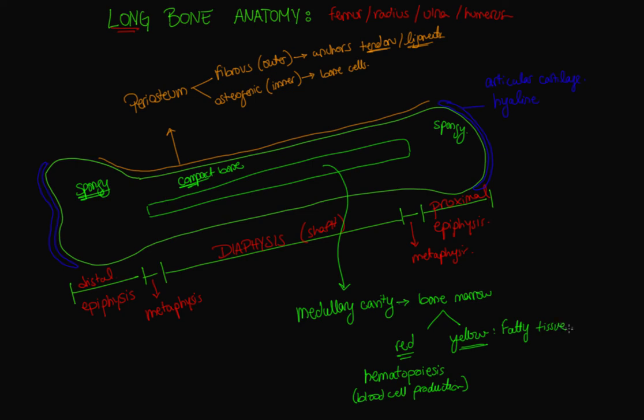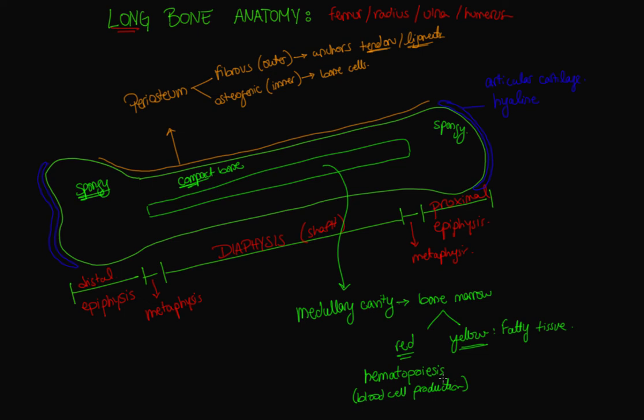As adults, you still have some bones that contain red marrow, such as your skull, sternum, ribs, etc., but the majority of your long bones contain yellow bone marrow.